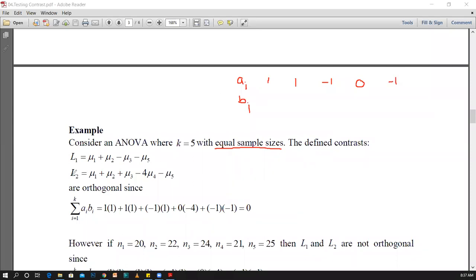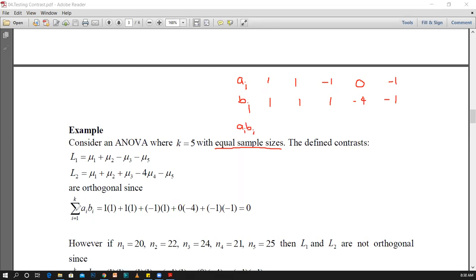Then for the bi, I am taking the second contrast: plus 1, plus 1, plus 1, minus 4, and here we are getting minus 1. Once you multiply these values, we get the ai bi values.